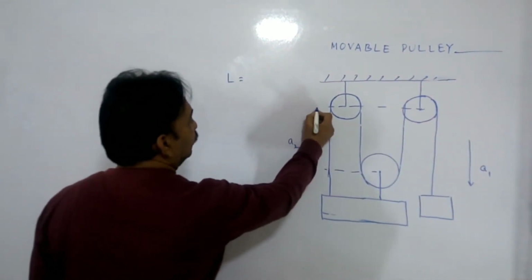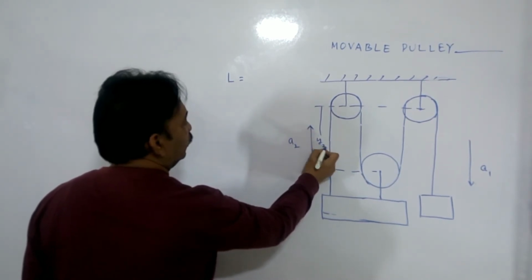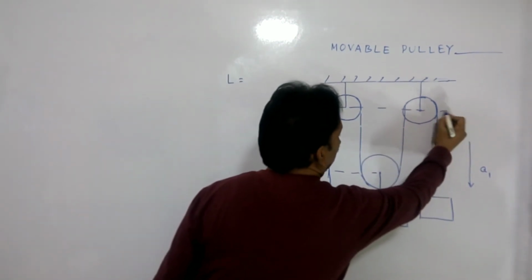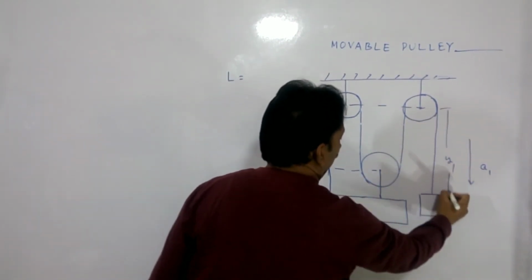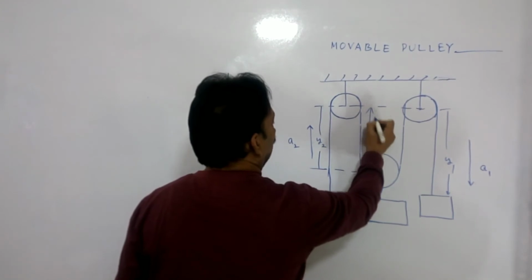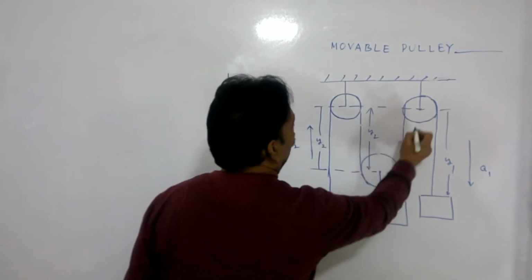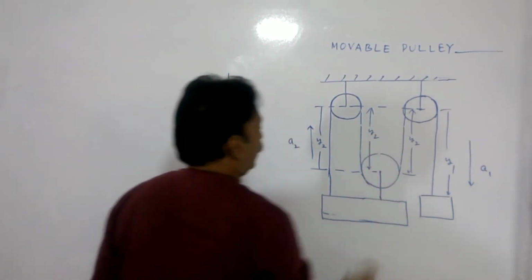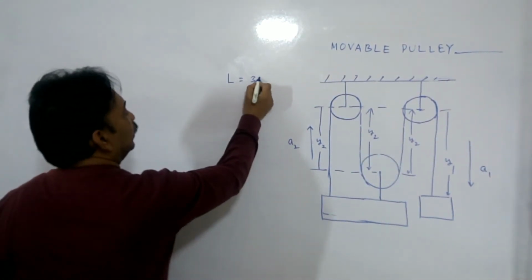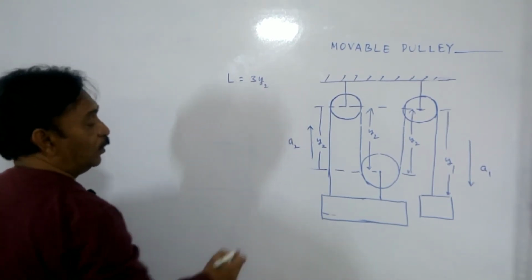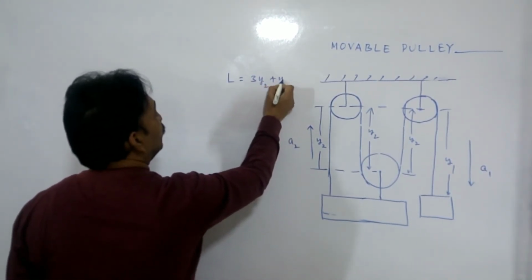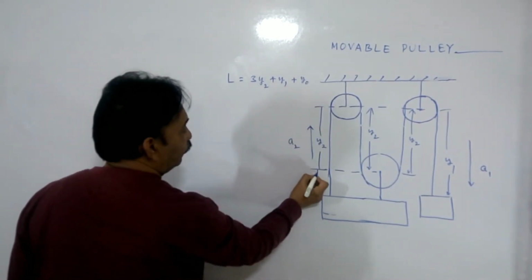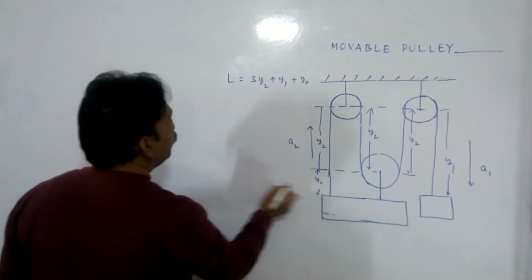Okay, let's say this spot is y2, and obviously it is y2 and it is y2, and this one is y1, students. Okay, we can write 3y2 plus y1, and it's the constant length. So it is y0, it remains constant.